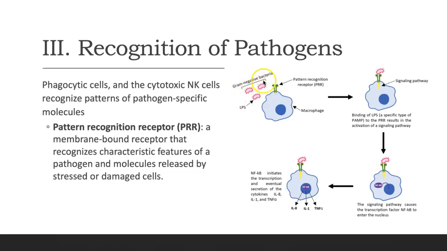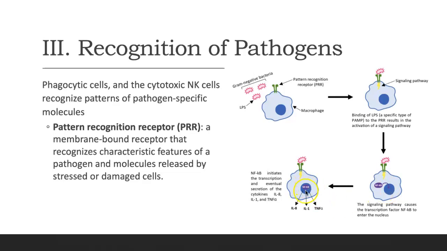So this is gram-negative bacteria, and one of their specific characteristics is within their cell wall, they have something called LPS, lipopolysaccharides, which our cell here is recognizing and binding to and can activate a signaling pathway that will then cause our cell to go through transcription and release NF-kappa B to enter the nucleus.